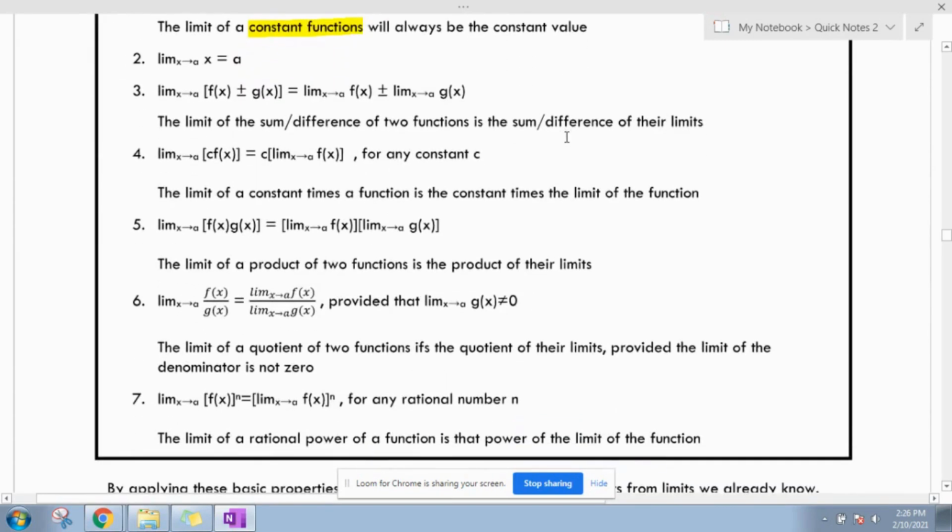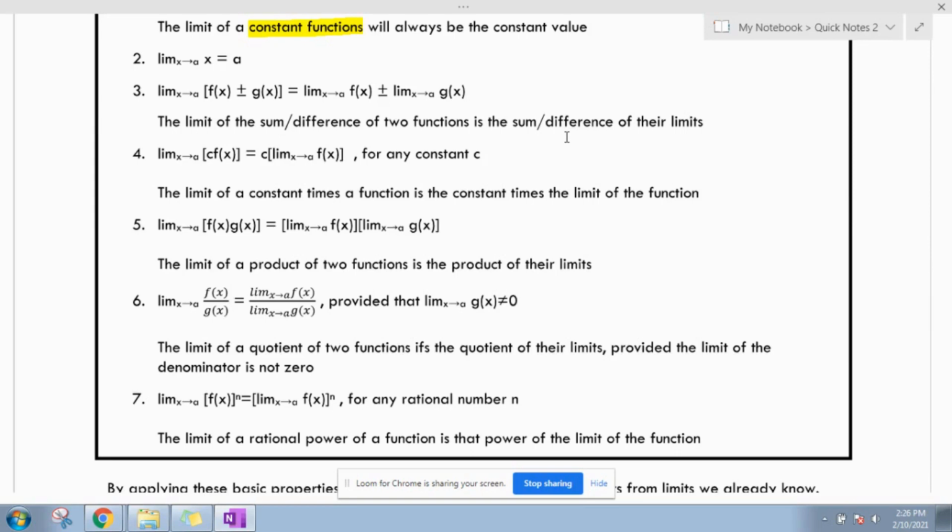Taking a look at 6, we've got the quotient of two functions. If you're dealing with a limit that is the quotient of f of x and g of x, you can rewrite it as the limit of f of x divided by the limit of g of x, provided that the limit of g of x isn't equal to 0.